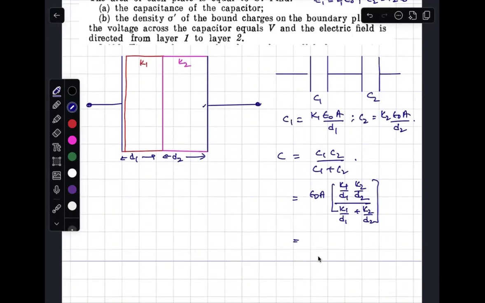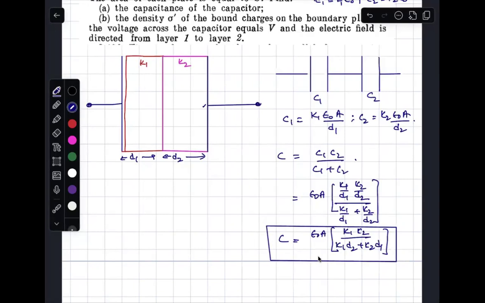And this further can be written as epsilon naught A K1 K2 by K1 d2 plus K2 d1. That is the C. Epsilon naught A K1 K2 by K1 d2 plus K2 d1. Any doubt till this point?